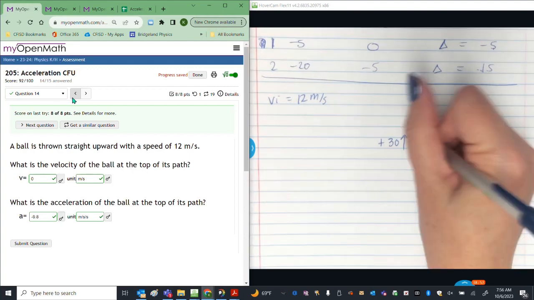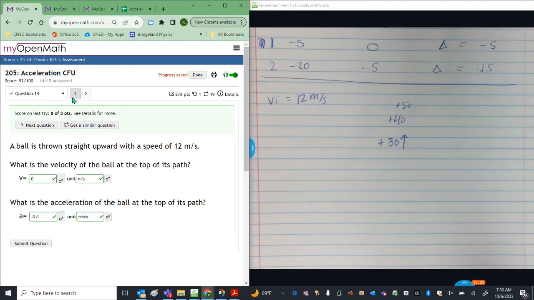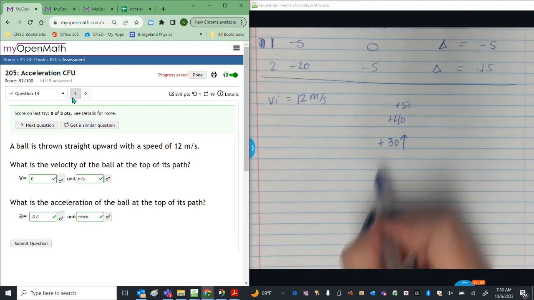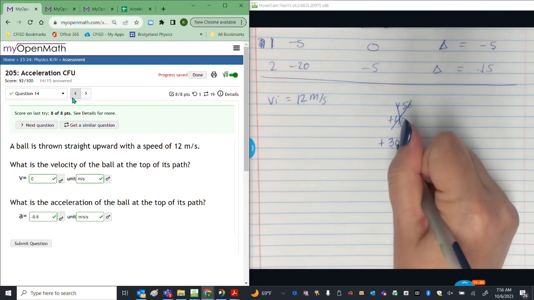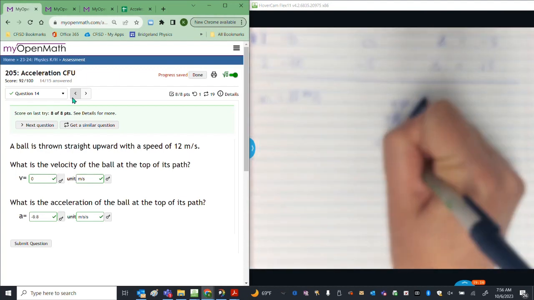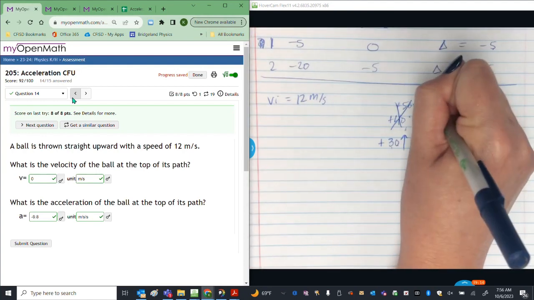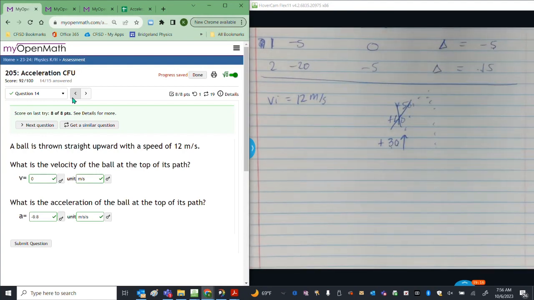Plus 40, plus 50, it would never slow down and stop. Your acceleration has to be negative because it has to slow down, stop, and then turn around. So it goes from positive 30 to positive 20 to positive 10 to 0. And then it speeds up when it falls back down. That makes sense. That's a good question though, but any other questions?